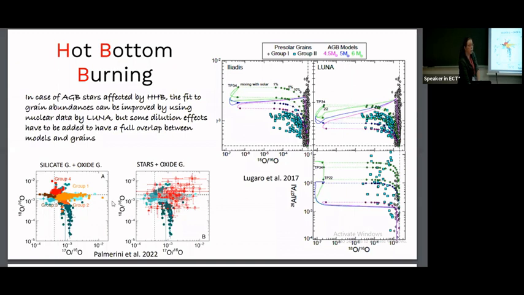Or if we look at another kind of dust, silicate dust, we can see that in principle, group 2 oxide grains, so these here, are not overlapped, neither by stars, nor by silicates.